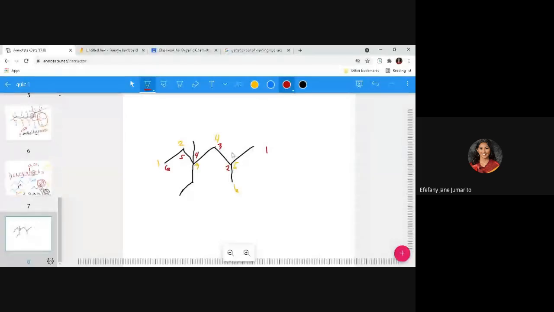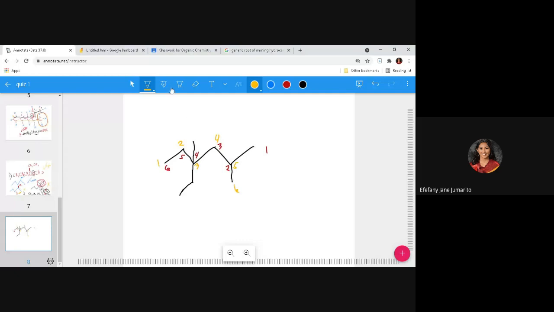So, we have this one. Okay. So, asa man ta mag-count class? Kani sa red o kani yellow? Yellow. Okay, let's try sa yellow.